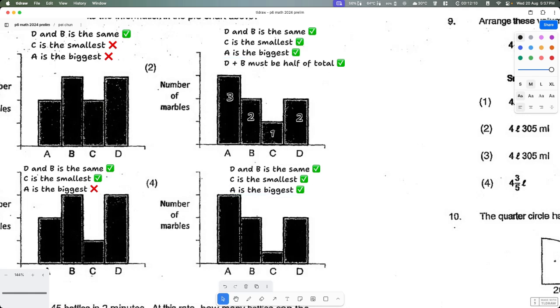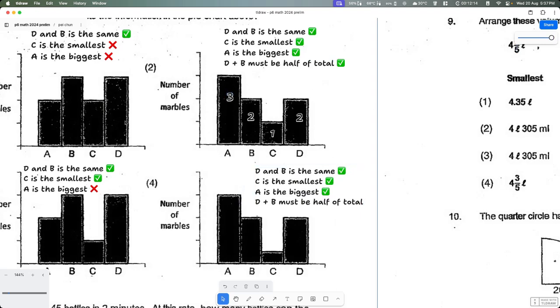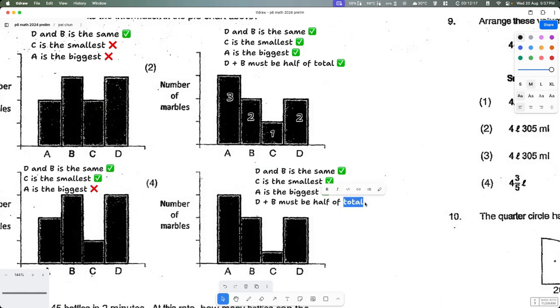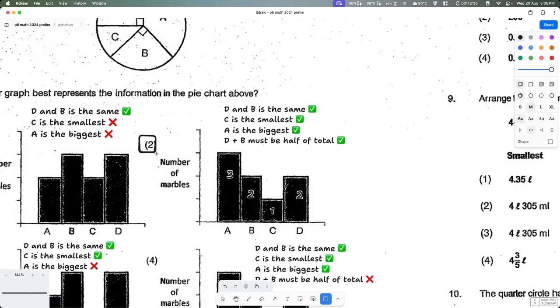D and B is not half. Okay, in this case, why is because, right? This is wrong. Reason is because C over here is not 1, but it's like 0.5, right? 0.5, something like this. Like this. So in this case, yeah, it's option number 2 lah.